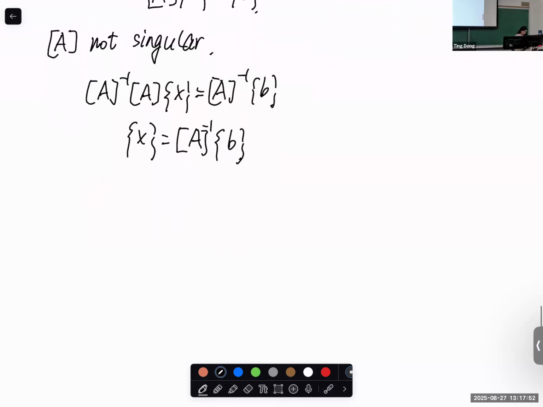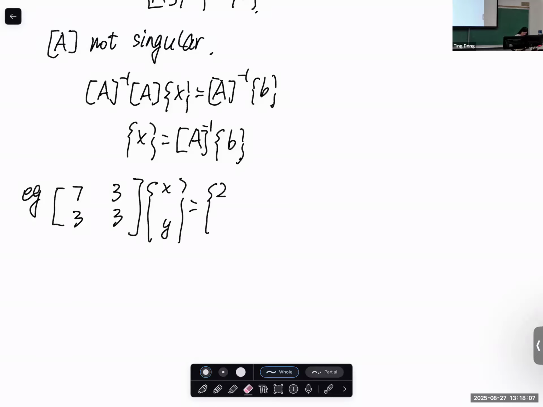Let's do a very simple example. A matrix equation: a matrix times an unknown vector, where x and y are the unknown components, and let's say this vector is given information.